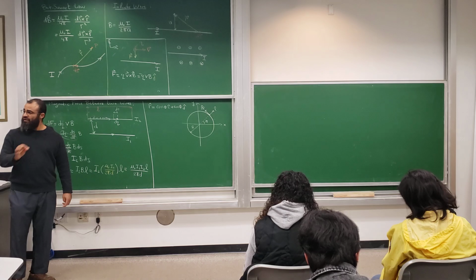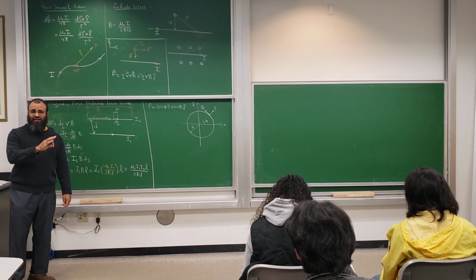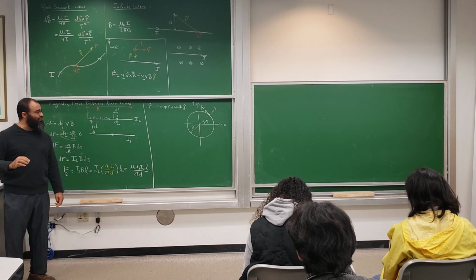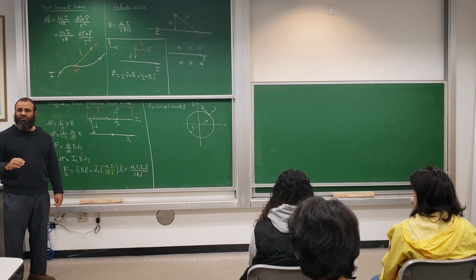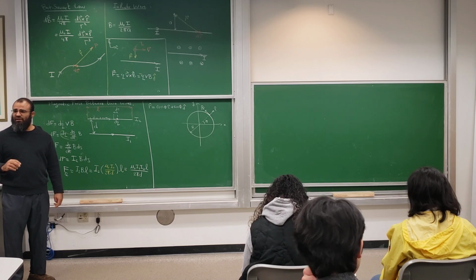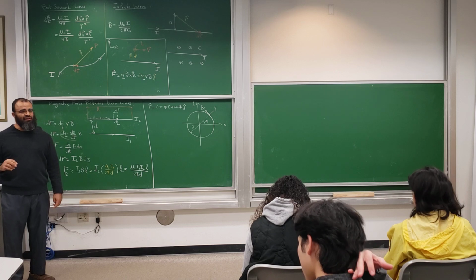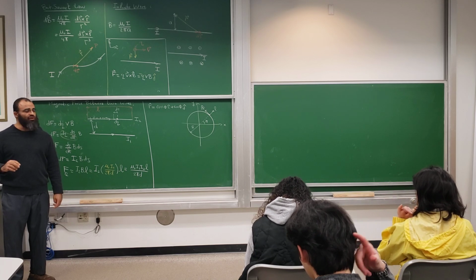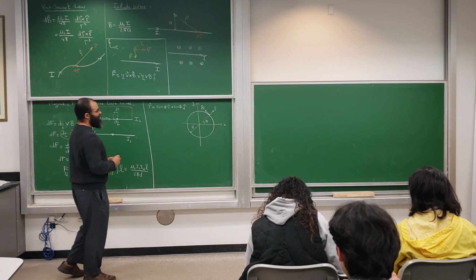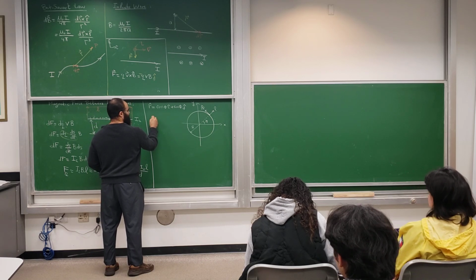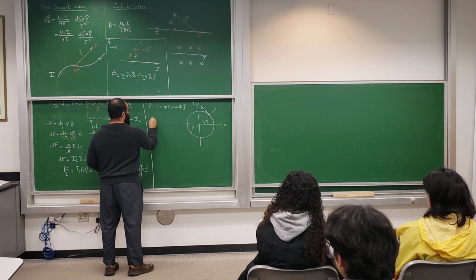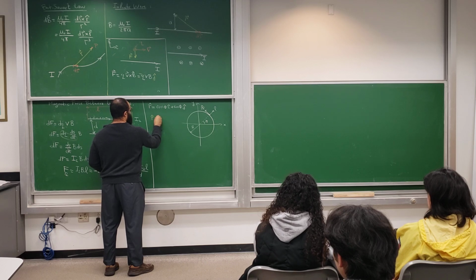Okay, so those are the directions, right? R hat is the radial direction, always radially outward, and phi hat is in the tangential direction going counterclockwise. K hat is again in what direction? Towards you. Okay. So let me ask you the following question. What is r hat cross phi hat?